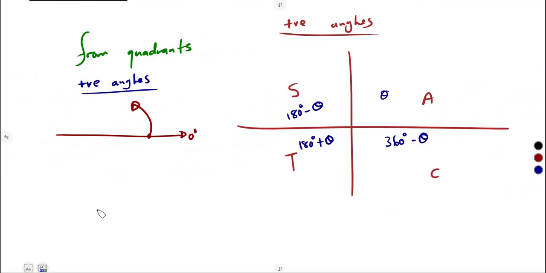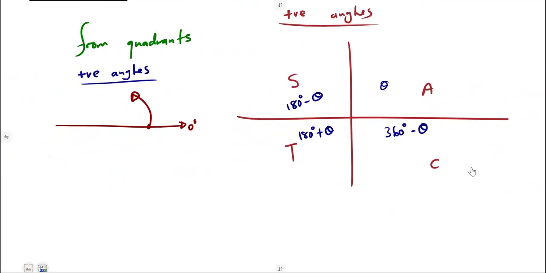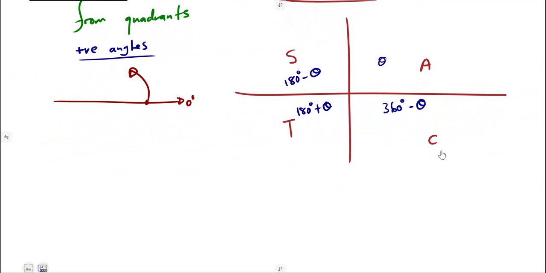All right, I think what we can do here is have it as a table. I think that can help: second, third, and fourth. So this is our first, second, third, and the fourth. Let's just have the second quadrant.